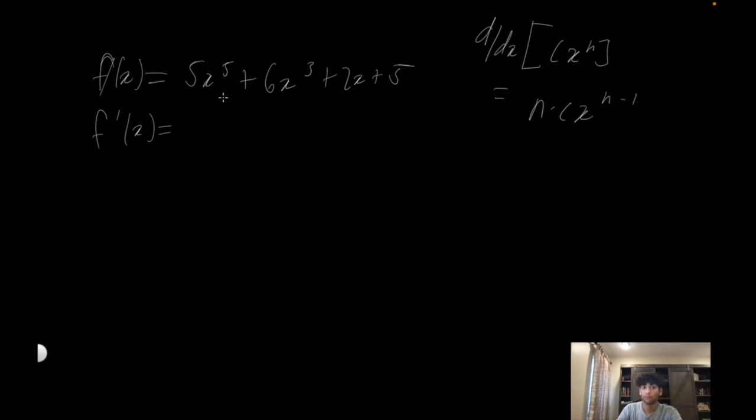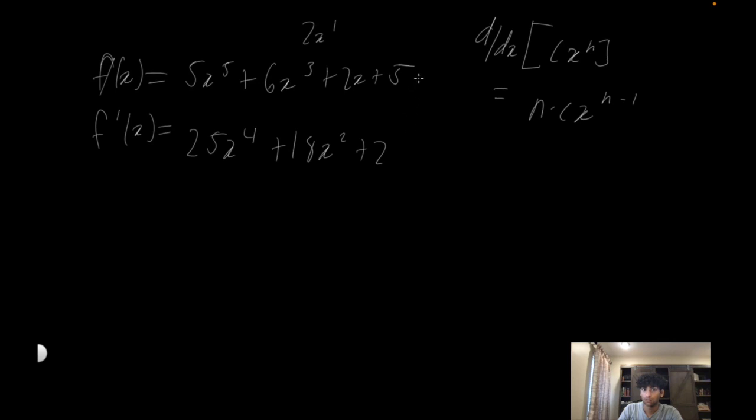Let's also use the property I taught you and evaluate the derivative of each term separately. So this would simply be 25 times x to the 4th plus 18 times x squared. Now this is 2x to the 1st power. We subtract 1 from the exponent, and then multiply by the current exponent 1, so it just becomes 2x to the 0th power, which is just 2.